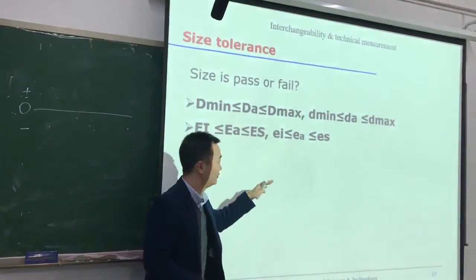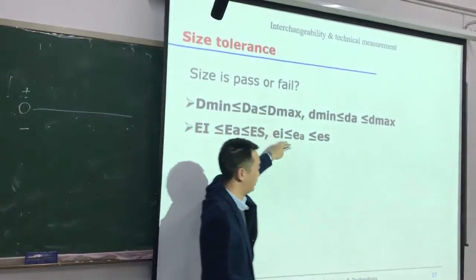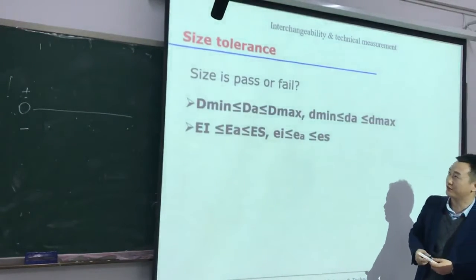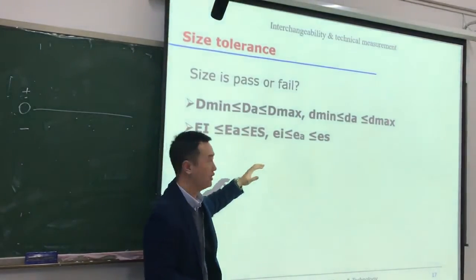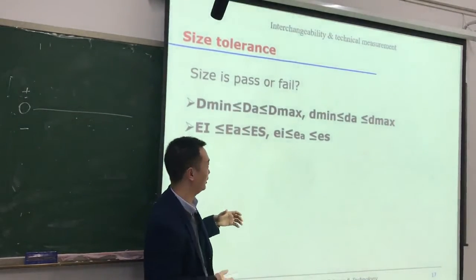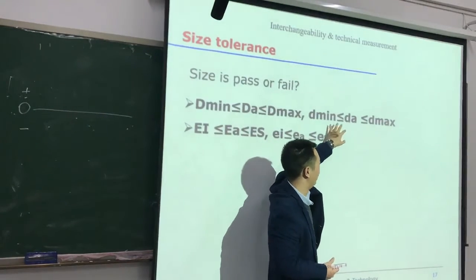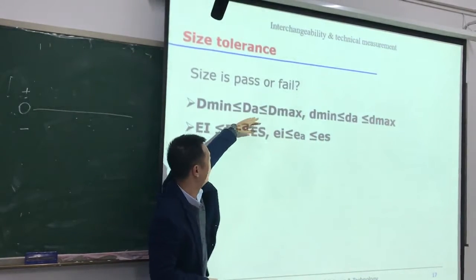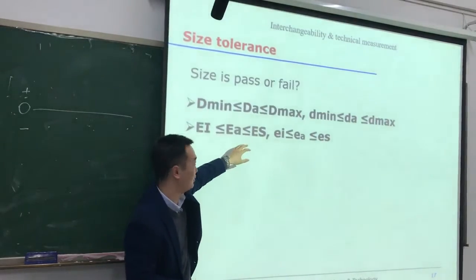In the last hour, we mainly learned these symbols, so let's have a quick review. D means the size. A capital D means the size for the hole, and a lowercase d is for the shaft. If the footnote is A, it means the actual size.